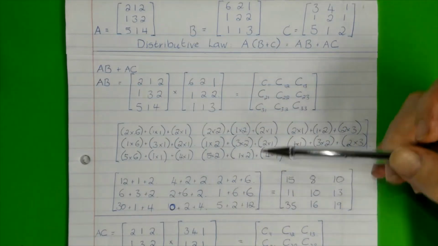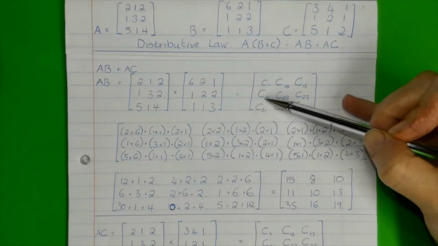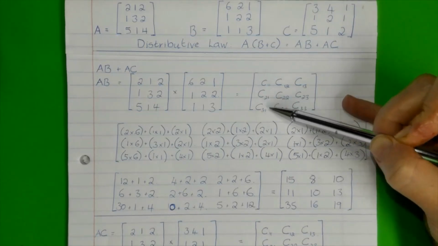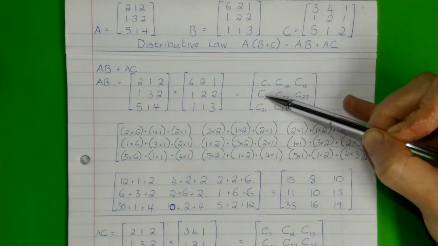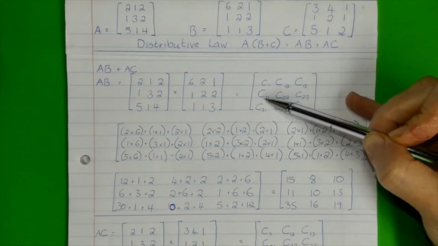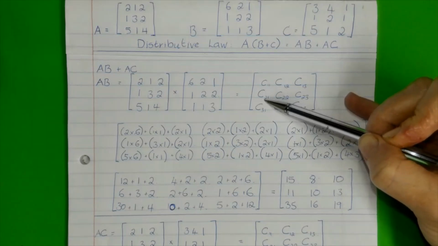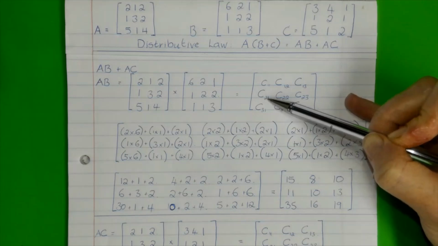For example, the value of this element is calculated using the elements in the second row of the lead matrix, multiplied by the elements in the first column of the lag matrix.